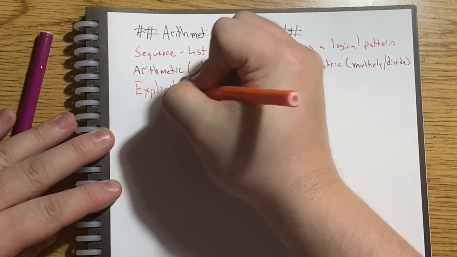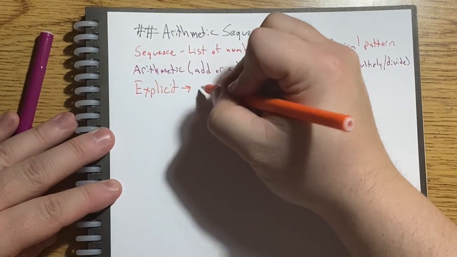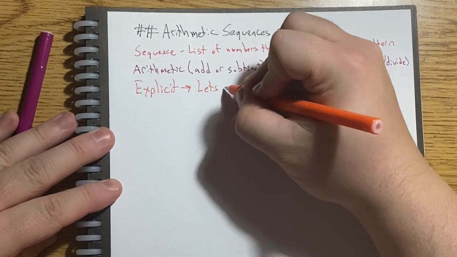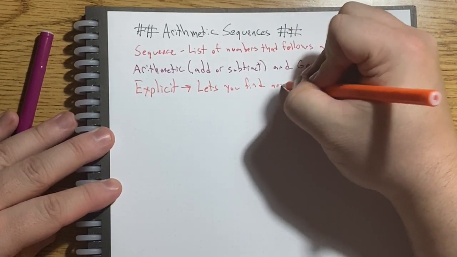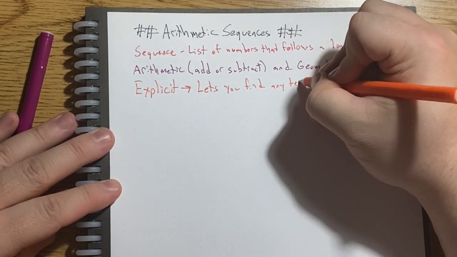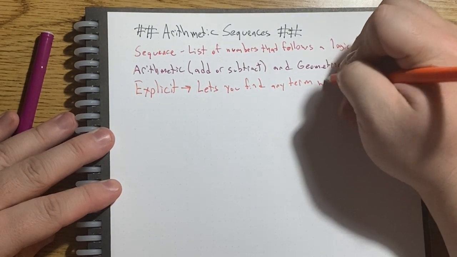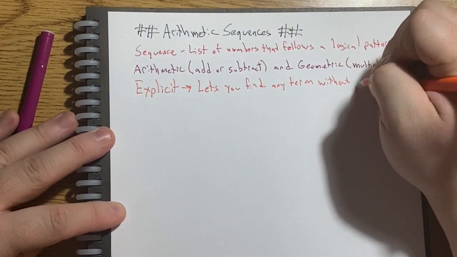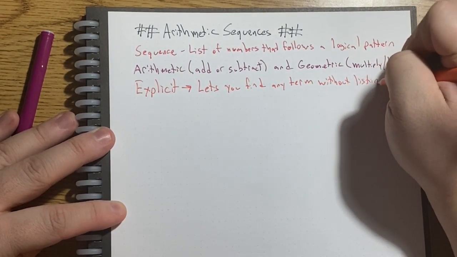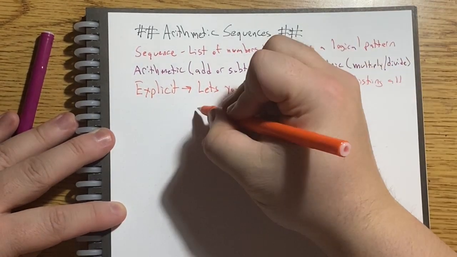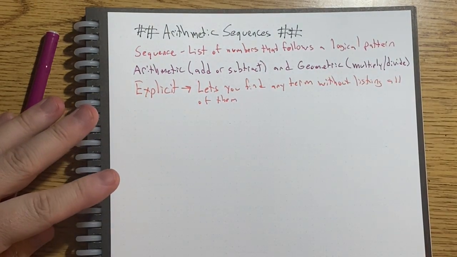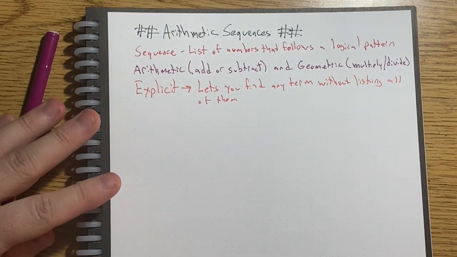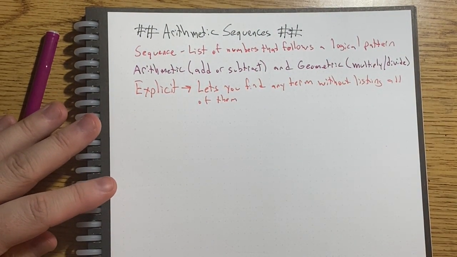And the nice thing about an explicit formula is it lets you find any term without listing all of them. So let's say I gave you a list, and I'm like, what is the 10,000th term? You would be able to do that.